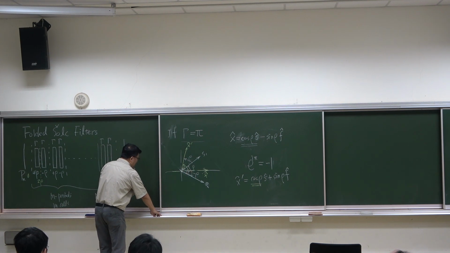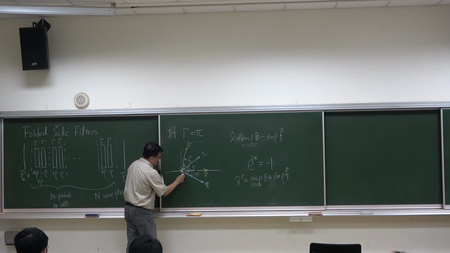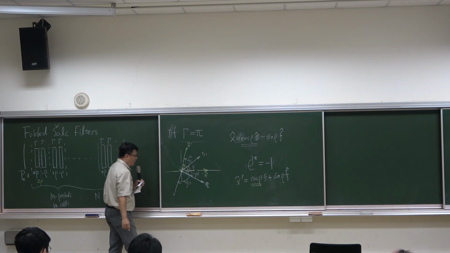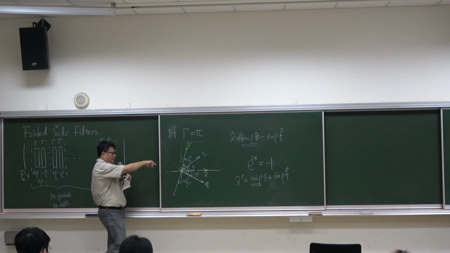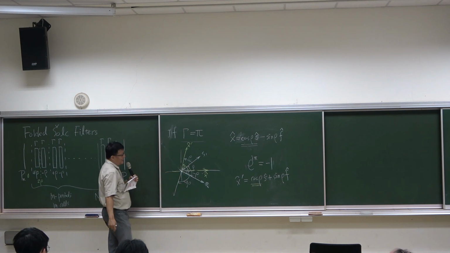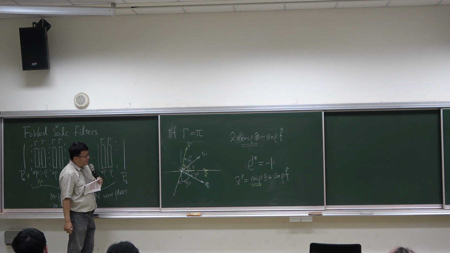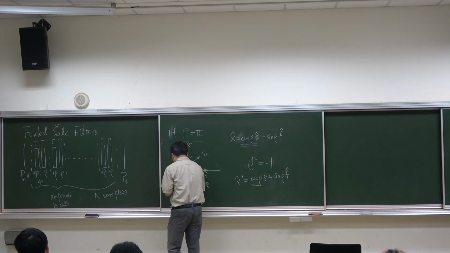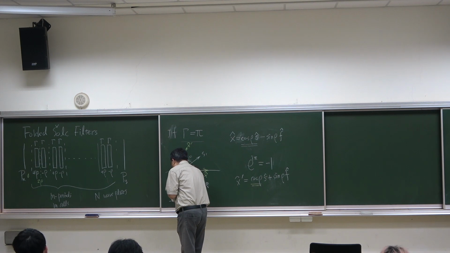So the new polarization makes the angle rho clockwise to the new slow axis. So the new polarization is oriented along -4 rho.